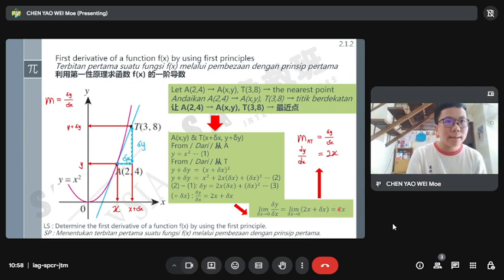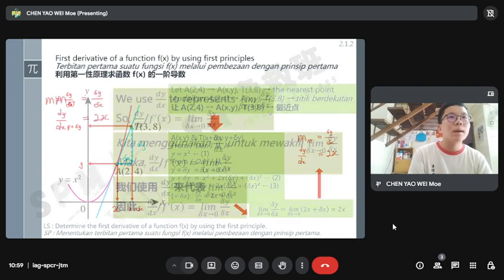So when I put it into the equation, the delta x term becomes 0, so the limit is 2x. Since the gradient of the tangent is delta y over delta x, I can say that dy over dx is 2x. Why?